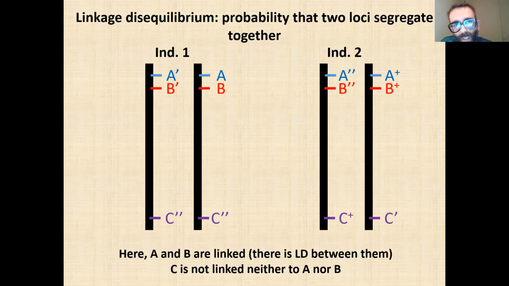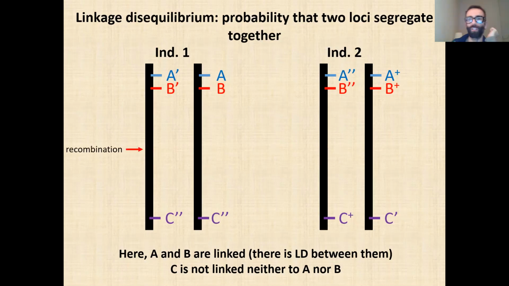They are in linkage disequilibrium because you see that when we find prime in A, we always find prime in B. And in individual number 2, when you have A plus, you also have B plus. But this is different when you look at locus C, because in this case you cannot see a link; you cannot predict the allele in A when you know the allele in C. So basically, the alleles are inherited independently at C versus A and B.